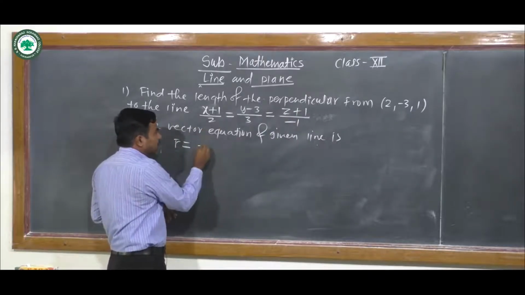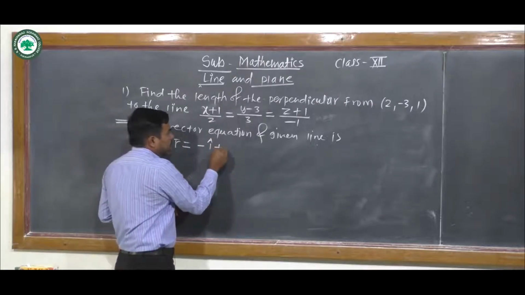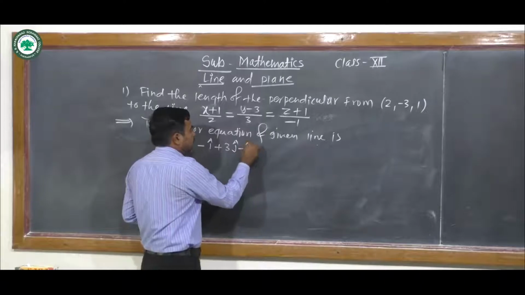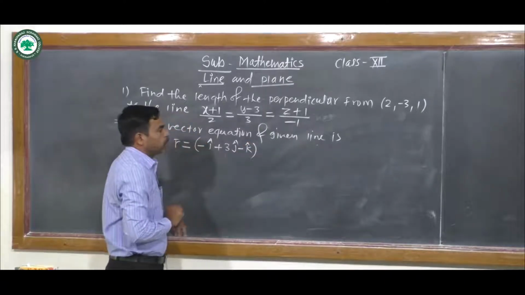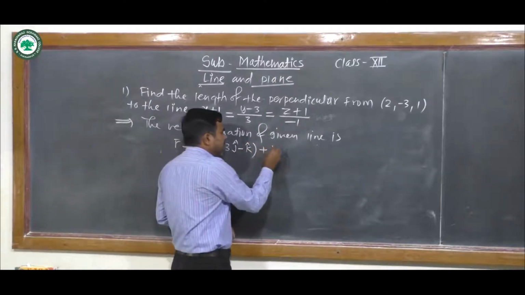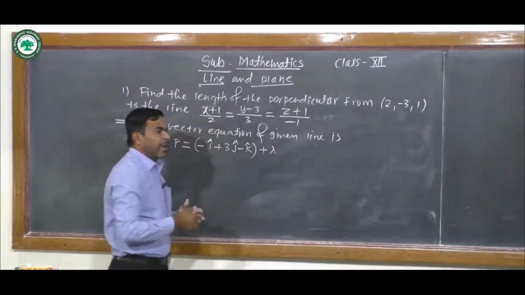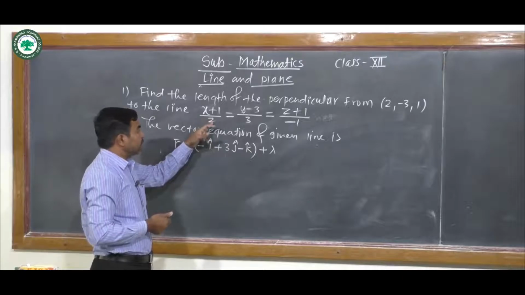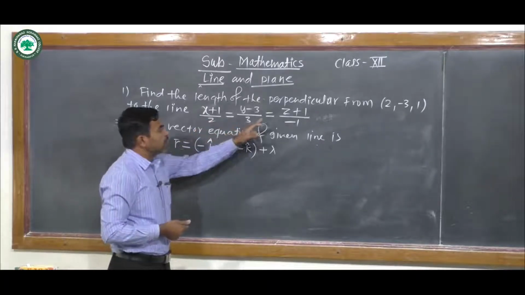Now A bar is minus i cap plus 3j cap minus k cap. This is your A bar, plus lambda into B bar. B bar is the vector which is parallel to this line. The direction ratios of this line are 2, 3, minus 1.